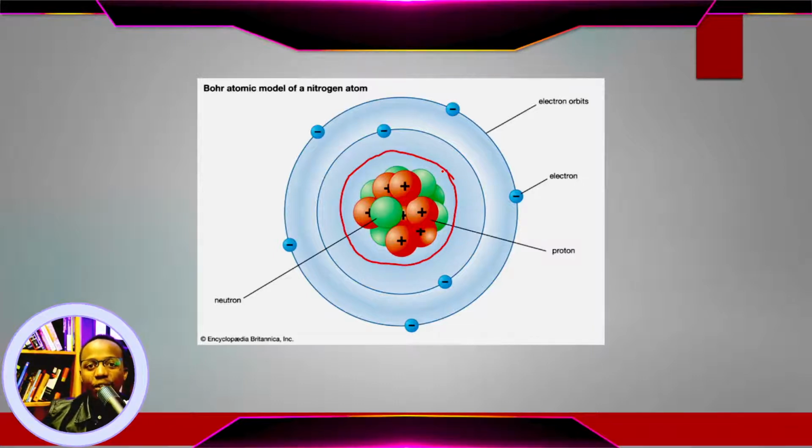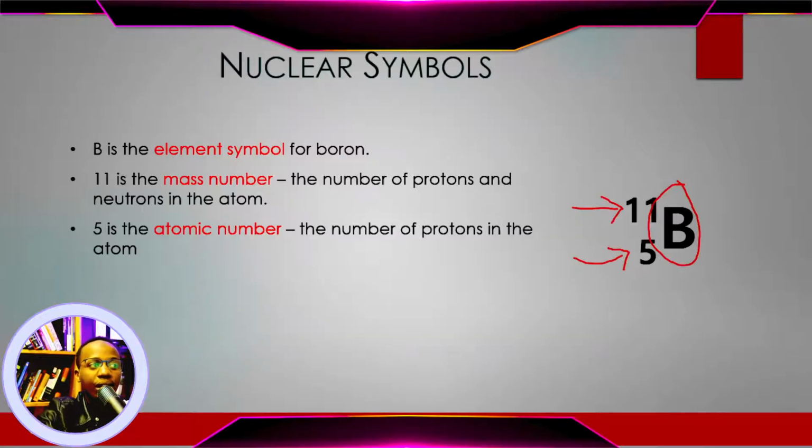They involve electrons, and they involve the either giving, receiving, or sharing electrons. These are the bonds that we talked about. But the nuclear reactions go into the nucleus. Now we're talking about neutrons and protons instead of talking about electrons. So these are the nuclear symbols. That's what makes them different.